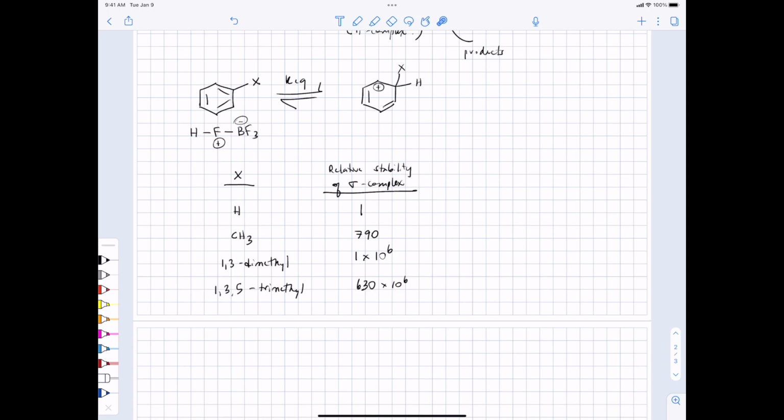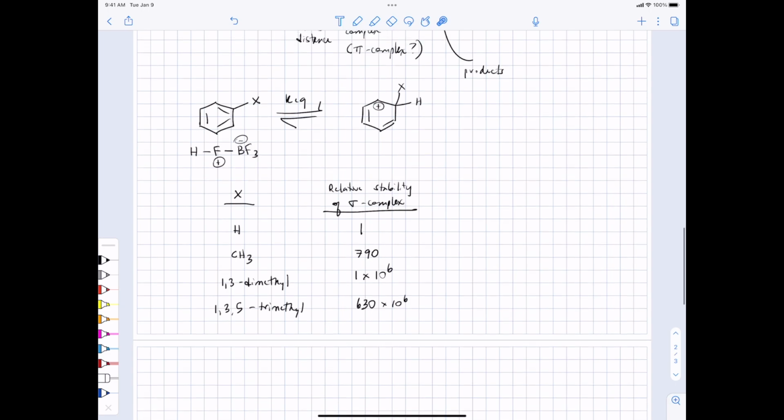You had other groups that were called deactivators that made the reaction slower, but sometimes a deactivator would still be an ortho and para director. And so this is why, because those are two separate issues. The issue is how reactive is this starting material? And then the issue of regioselectivity is how stable is this intermediate? Okay.